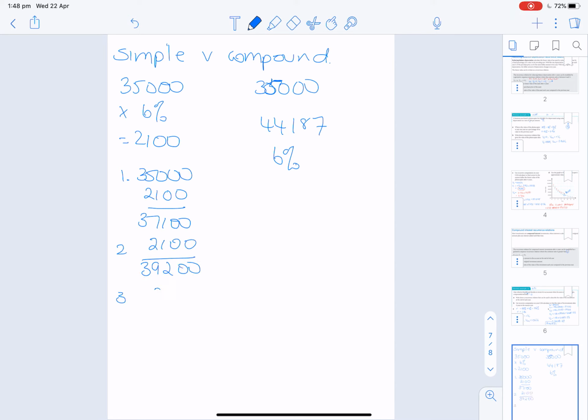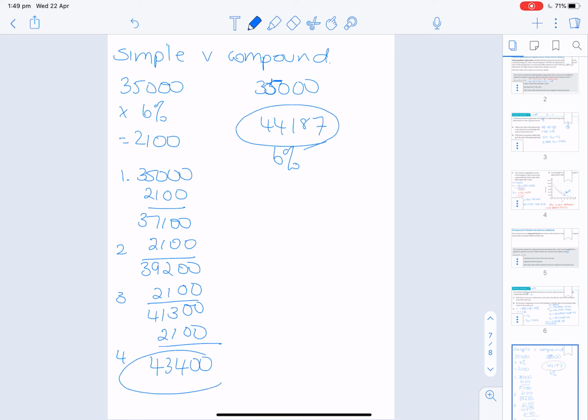Third year, 41,300, and fourth year, 43,400. So as you can see, between this value and this value, there's about $700 difference in favour of compound interest. So if you are investing your own money, my recommendation is compound interest.